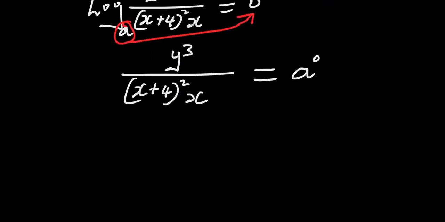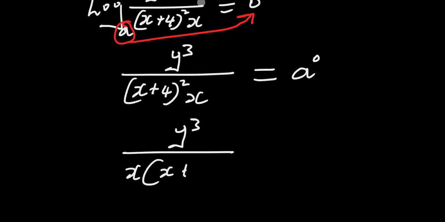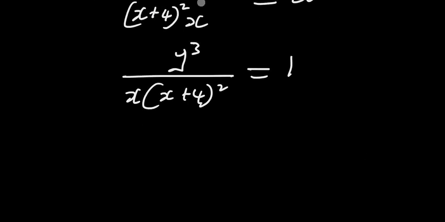Now, remember that any number to the power of 0 is 1, so this can be written as y to the third power over, instead of writing (x plus 4) squared times x, we can as well write that as x times the whole of this. So write this x times (x plus 4) squared equals 1. So now we can just cross multiply, use the whole of the denominator to multiply 1, and that gives you the exact value that we have.